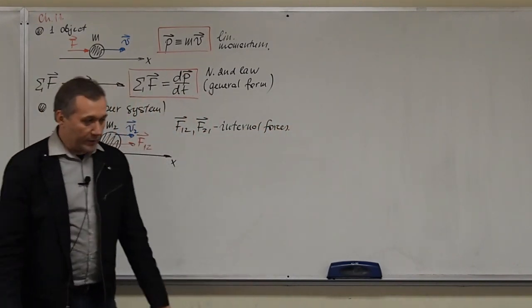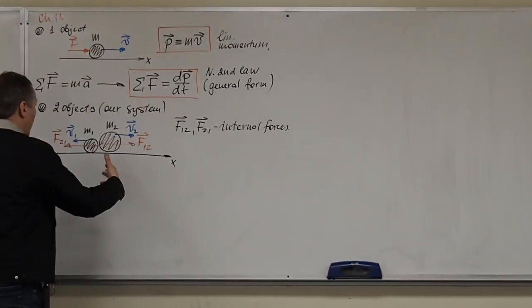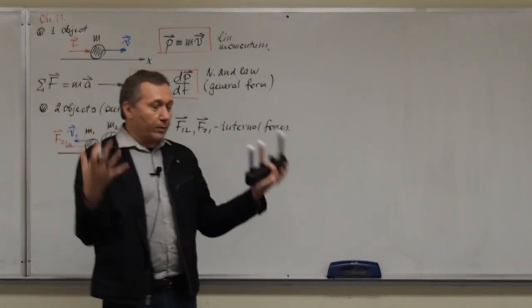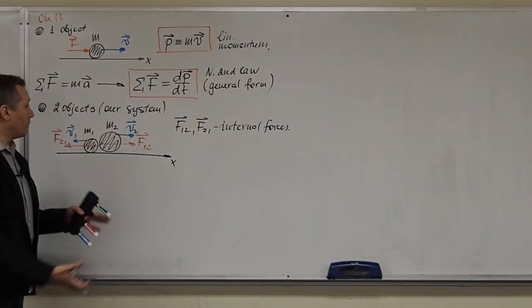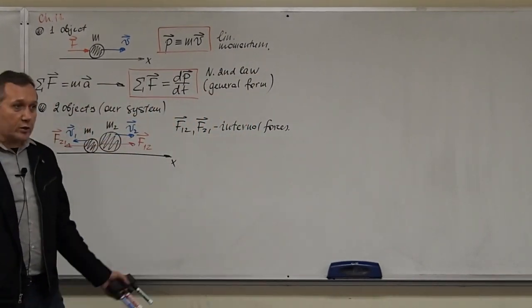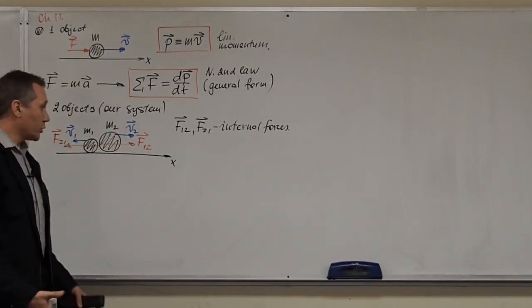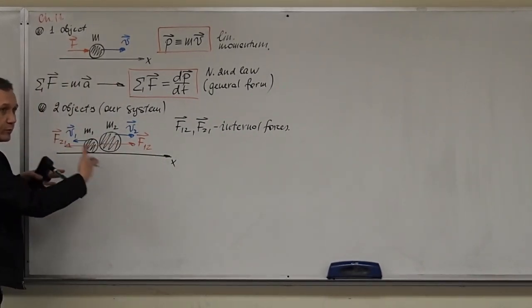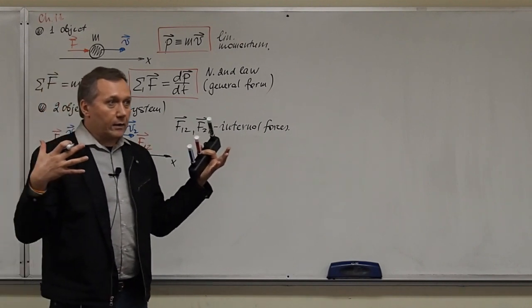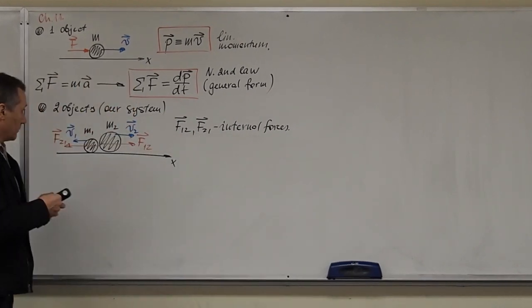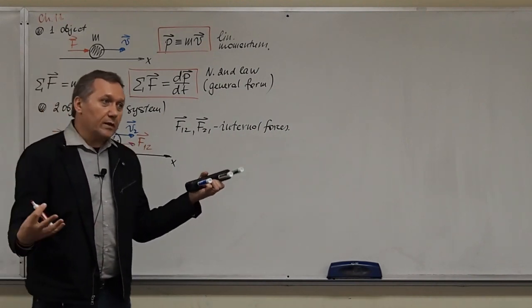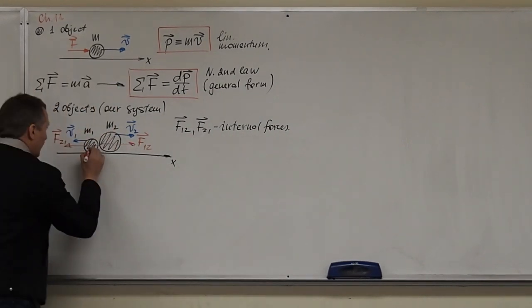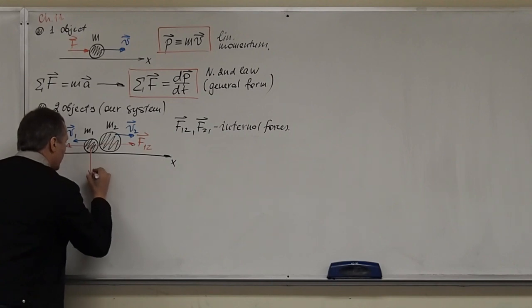But it's also possible that there's a force from some object which is not part of our system. For example, the Earth. The Earth is not part of our system, which we try to describe. So that force which comes from the Earth is the external force. So in this case, for example, the gravitational force will be an external force. Okay, let me draw it.